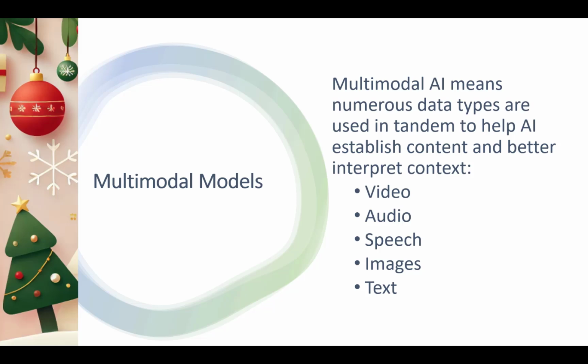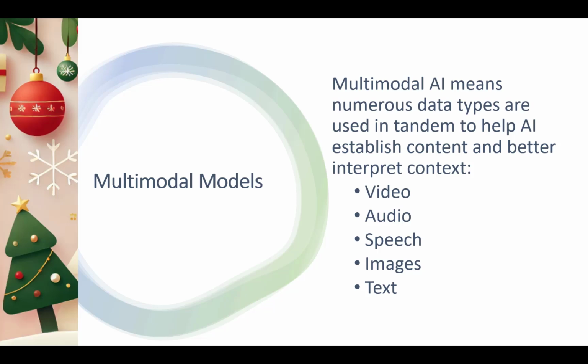So the agents and multimodal models, they are working together. All those multimodal models can better understand their surroundings, they can better understand what is happening and get information from different sources and analyze it. At the same time, they can also produce different types of content.